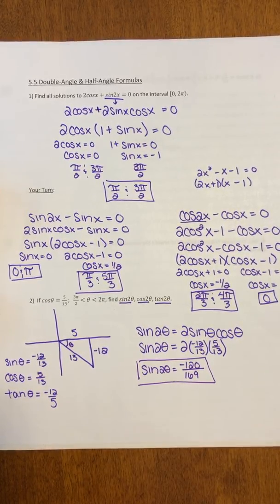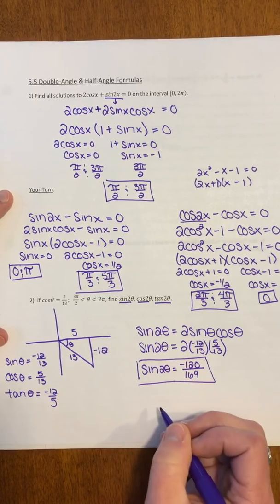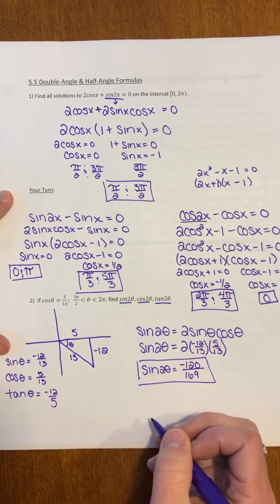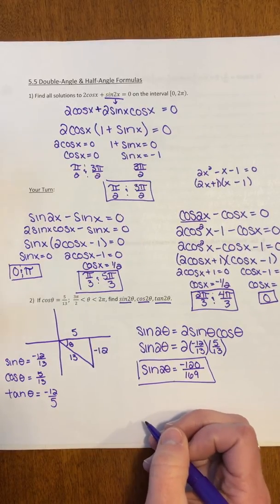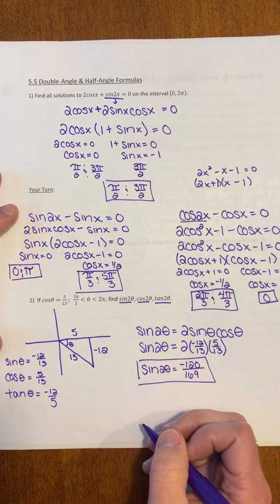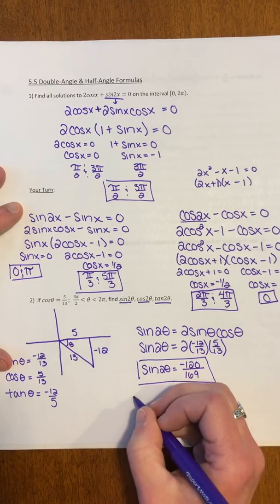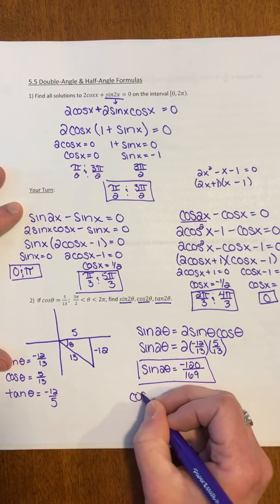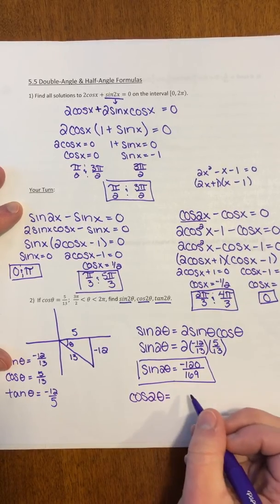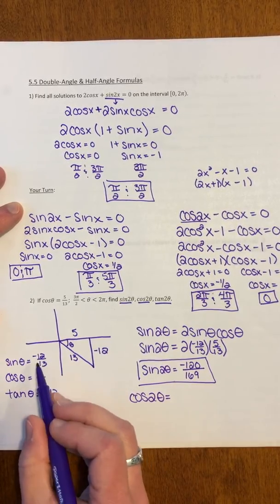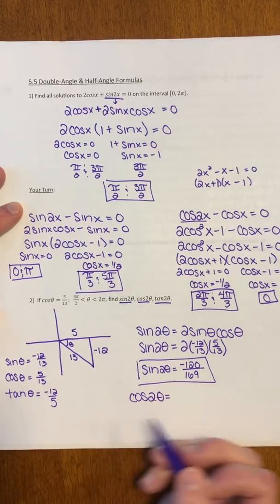Okay? So for cosine of 2 theta, it's going to be the same thing. It doesn't matter which one you use. So this time I'm going to show you for cosine. I'm going to use the first one, which is cosine squared minus sine squared. The reason it doesn't matter this time is we have all of our terms for sine and cosine.